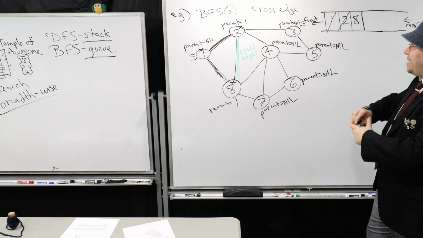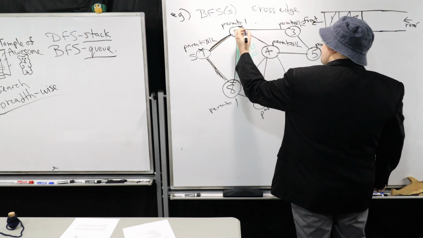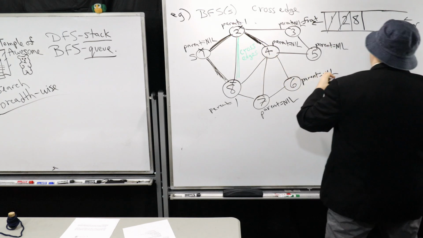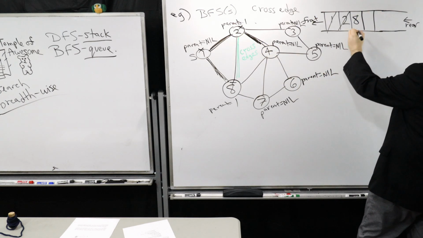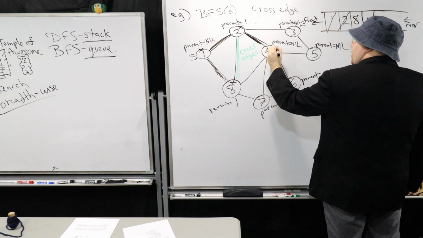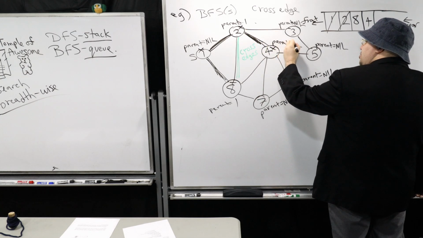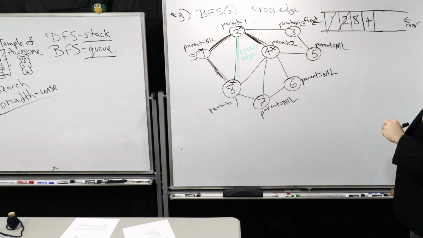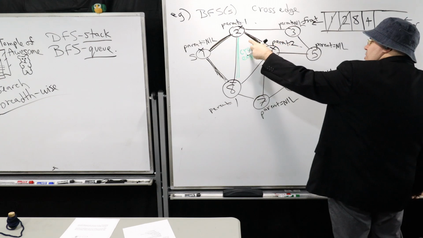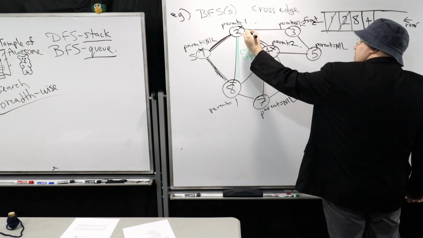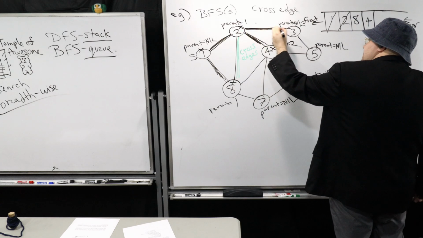So let's keep going. Next, suppose I encounter this one. I'm going to label this a discovery edge. I'm going to NQ 4. I mark it, and I update its parent to be wherever I came from, in this case 2. Then I keep going. Remember, I still have to consider all my incident edges, all the ones that aren't labeled. So now I have this one here.